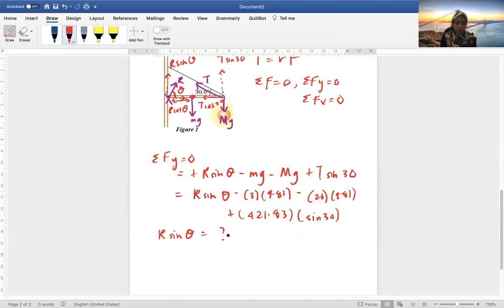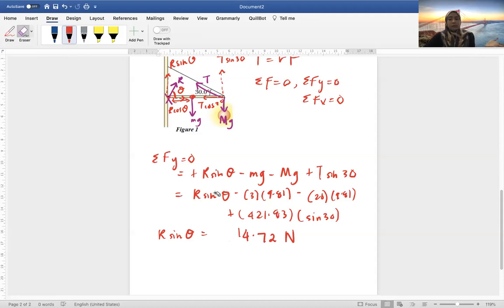So 3 times 9.81 plus 20 times 9.81 minus 421.83 times sine 30. So that is 40.72. The unit is Newton because it's a force, right? Earlier the torque unit was Newton meter, because torque is RF.